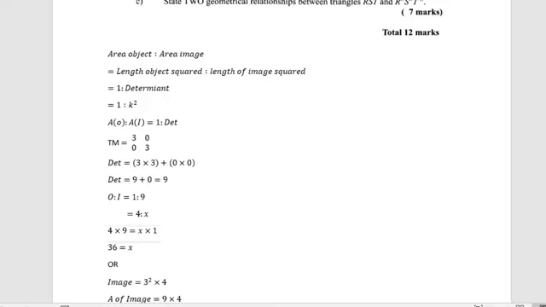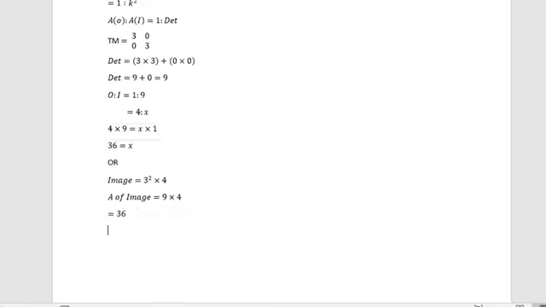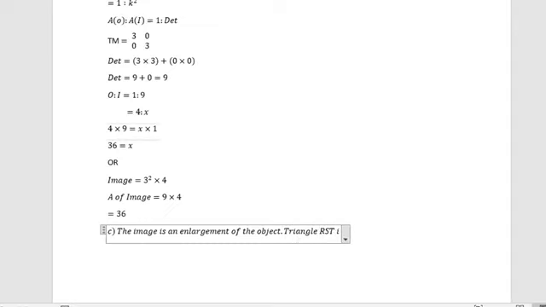So for part C, the image is an enlargement of the object. Therefore, triangle RST is similar to triangle R prime S prime T prime.